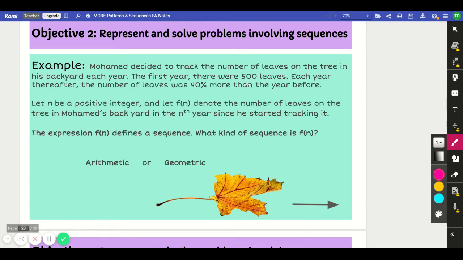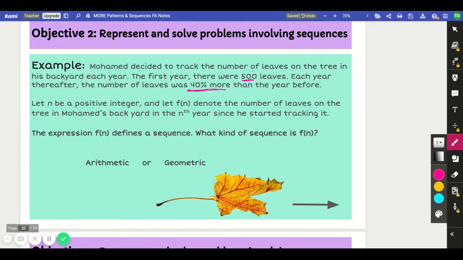So I'm going to look and say, okay, my first year, there's 500 leaves, and each year thereafter, the number of leaves is 40% more. Okay, so I know sometimes when we look at the word more, we're saying, okay, we're adding.